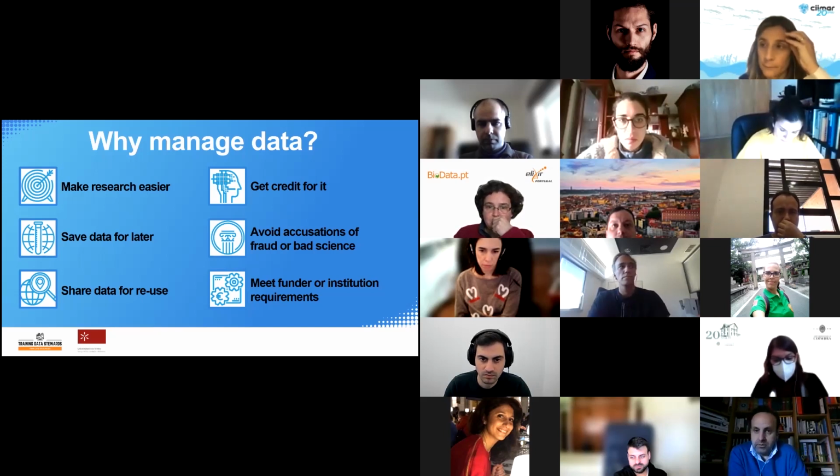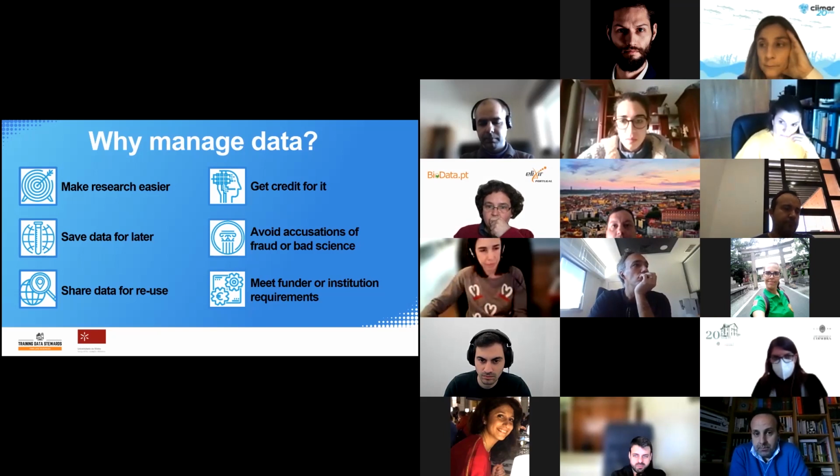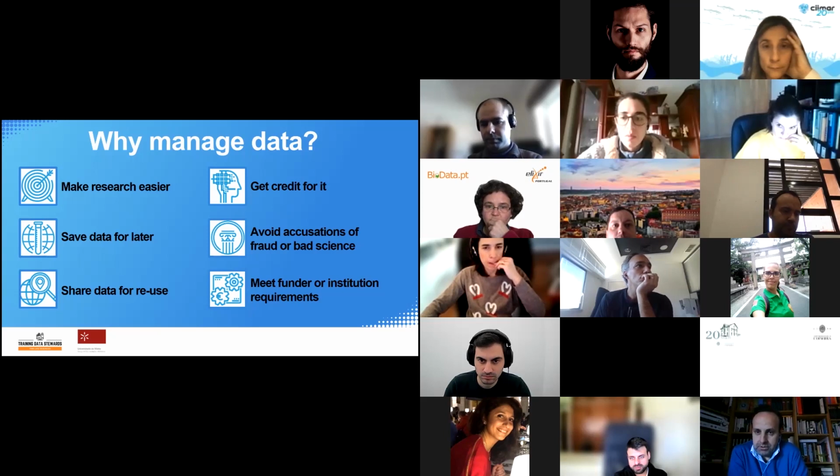In Portugal, I believe that this will also change, and maybe data sets available publicly, and the credit for that data, will also count for the assessment in the near future. And of course, these good practices in terms of documenting data and making data available as open as possible, as closed as necessary, will avoid also accusations of fraud or bad science, and will make our life also easier for that part.